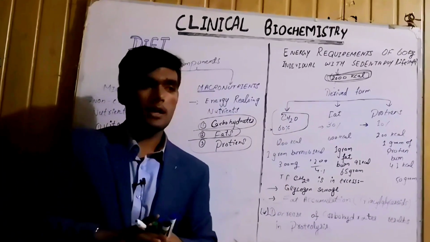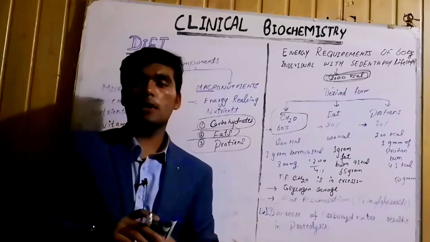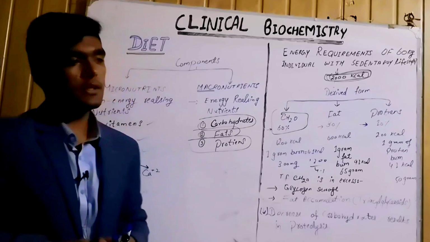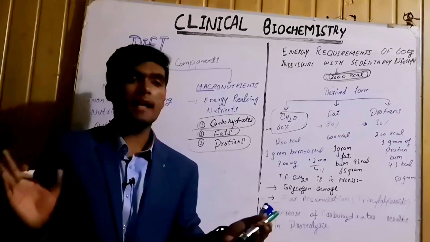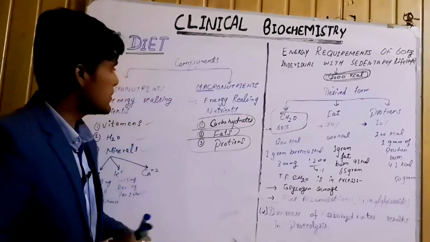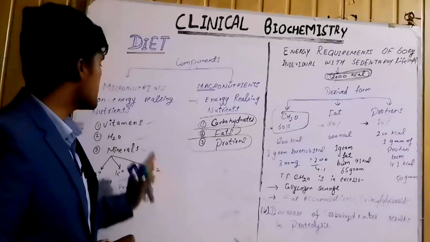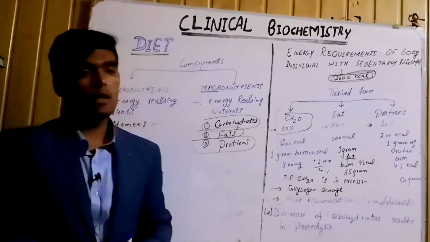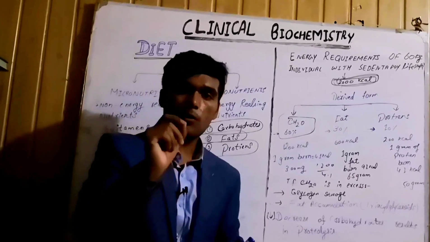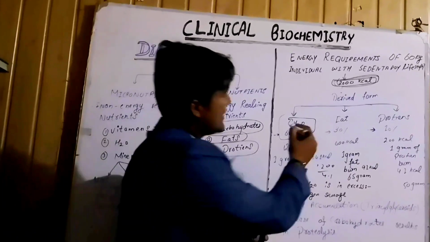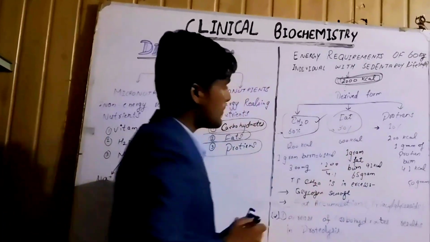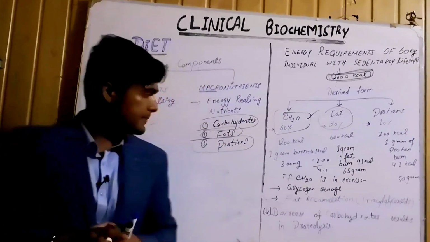Generally, people around us think they don't have to eat anything in a diet, so they cut down micronutrients, vitamins, water, minerals, as well as carbohydrates. But in a diet, we only have to cut down carbohydrate to some extent and fat to lose weight.